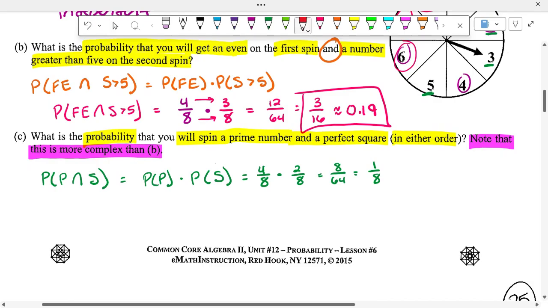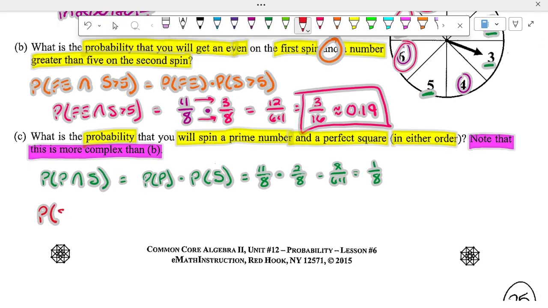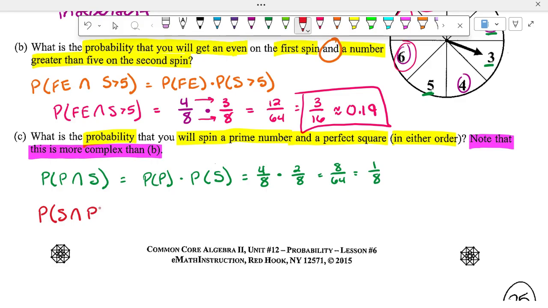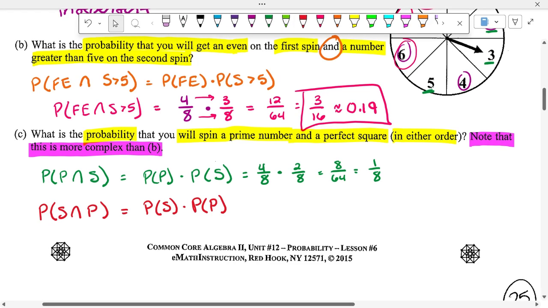Now, let's say that I did it in the opposite order. So I did S given P. So I've got the probability of S times the probability of P. Take a minute, calculate that one on your own, using essentially the same formula.